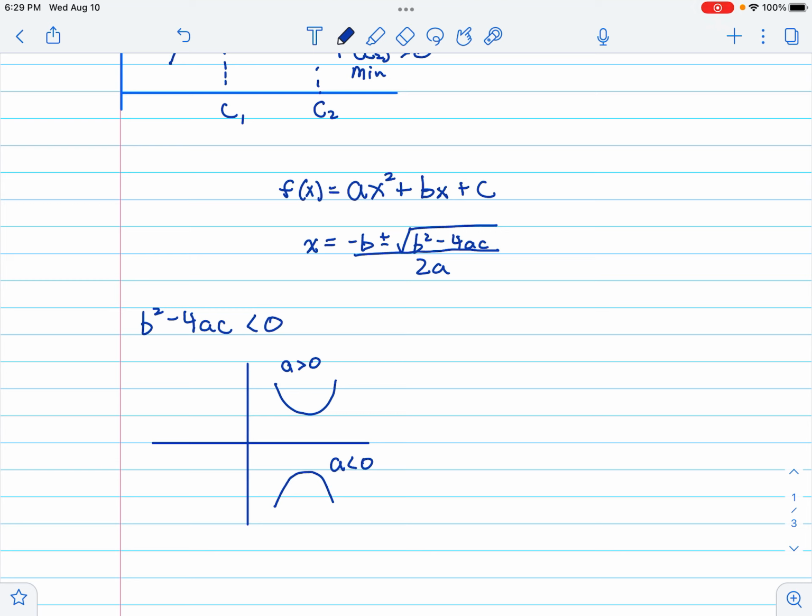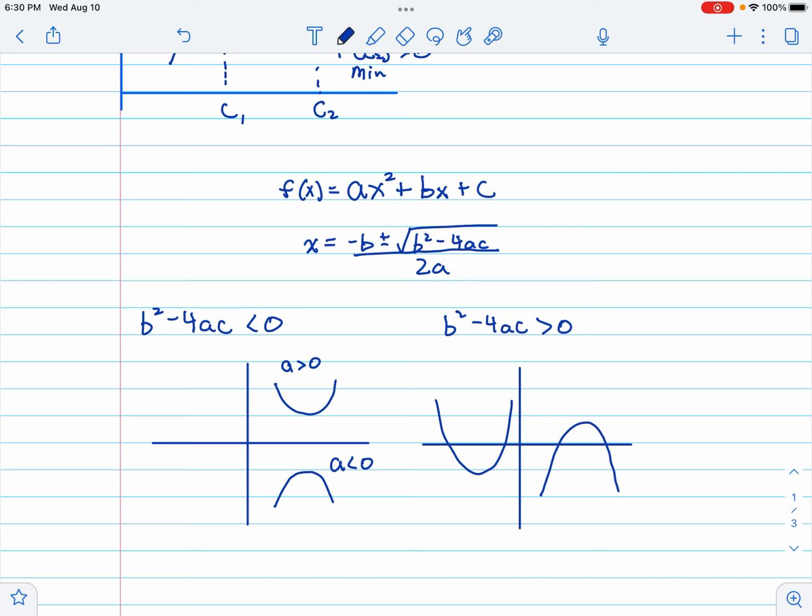But it would be one of these two things if b squared minus 4ac is less than 0. Now, let's suppose that b squared minus 4ac is greater than 0. Well, then you have two real solutions. And with these two real solutions, you're going to have a couple of possibilities here. You're going to have something that looks like this or something that looks like this.